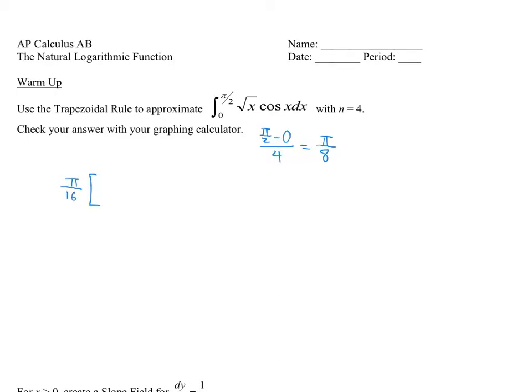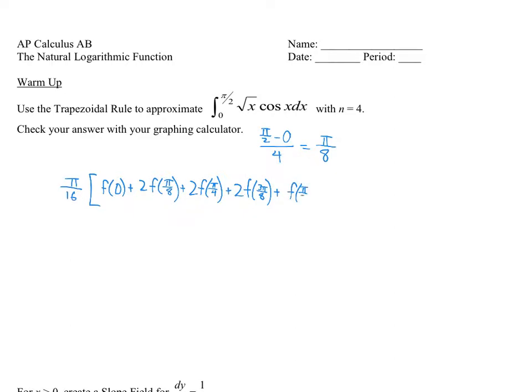And then on the inside, I'm going to be taking the function, first of all at 0, and then plus 2 times f of pi over 8, plus 2 times f of 2 pi over 8, which is pi over 4, plus 2 times f of 3 pi over 8, and then the last one is 4 pi over 8, which is pi over 2.